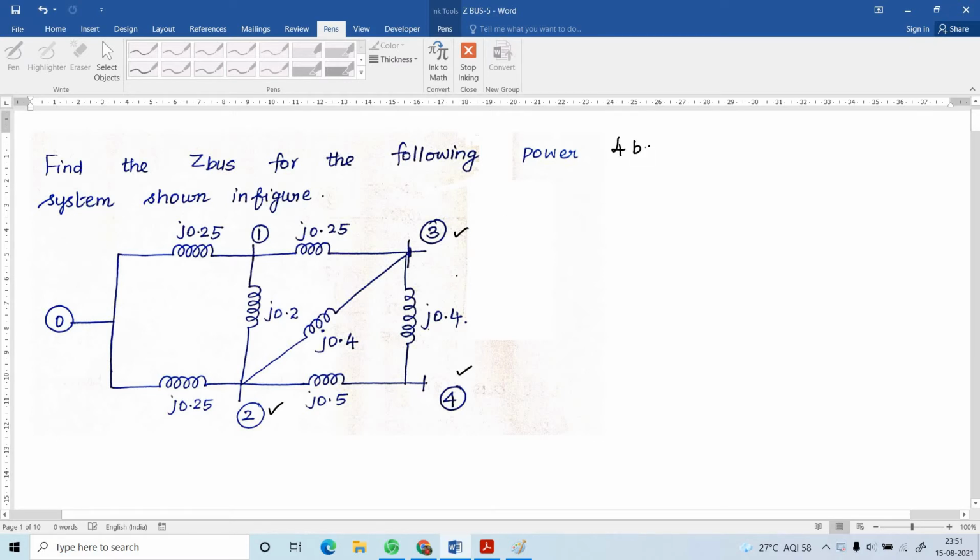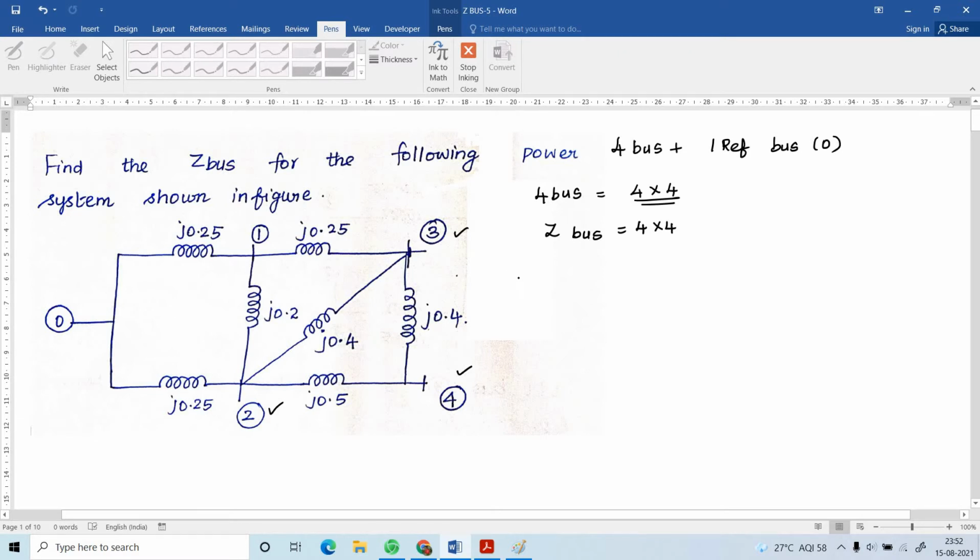So 4 buses plus 1 reference bus. The reference bus is indicated by 0. 4 buses correspond to a 4 cross 4 matrix. So the final ZBUS consists of the order 4 cross 4.